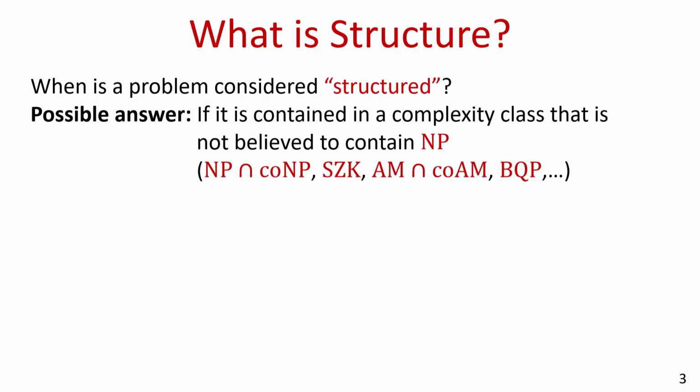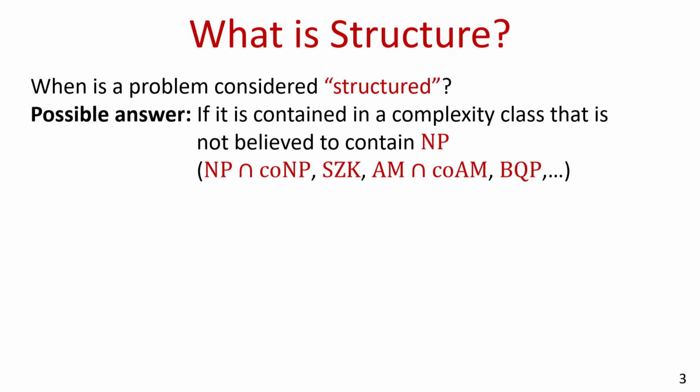Since one-way functions already imply the existence of hard languages in NP, a problem is structured if it is contained in a complexity class that is not believed to contain NP, such as NP intersect coNP or statistical zero-knowledge.